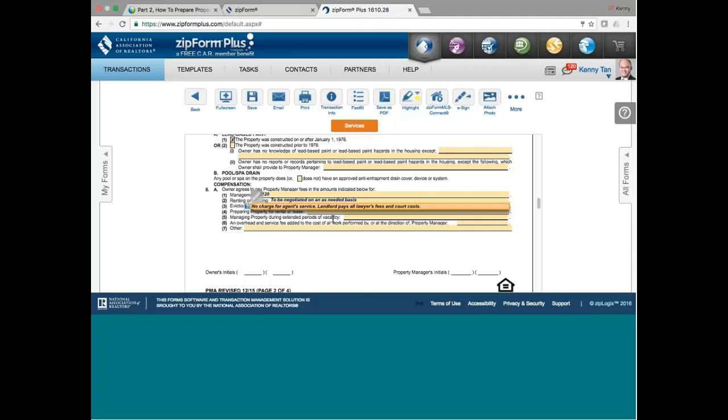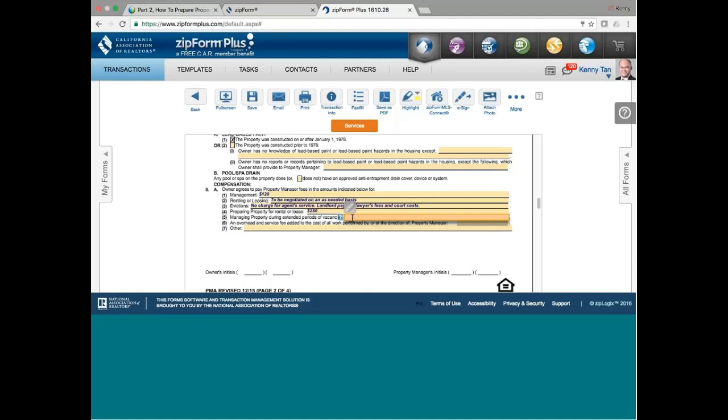Preparing property for lease, and that's also negotiable. Sometimes, you might want to put in some amount. I don't know what that is, I'm just going to put some numbers here. That means that whenever there's a vacancy, do you want to negotiate an amount where you are being paid by your landlord for getting the property ready for leasing?